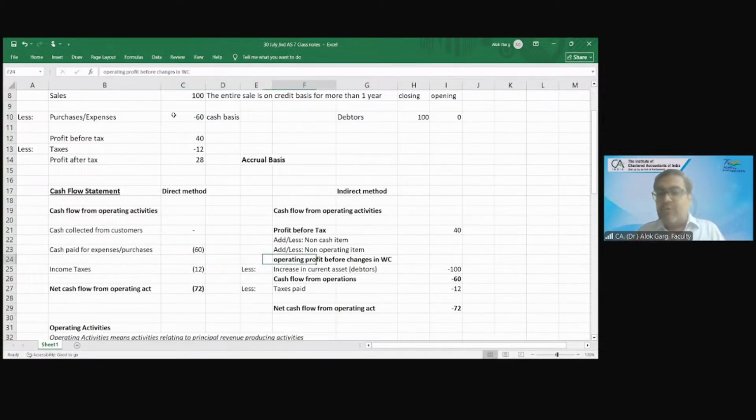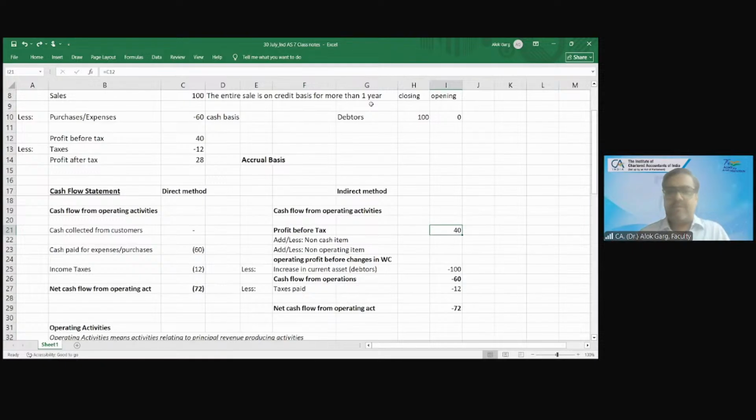If you would not have adjusted this, then you will find a positive cash flow, and it is not positive at all. Your cash flow of 28 rupees is equivalent to the profit after tax, which is not right. And why is this adjustment required in the indirect method? Because you are starting from a profit which is prepared on an accrual basis.